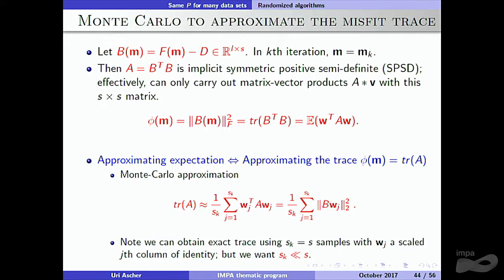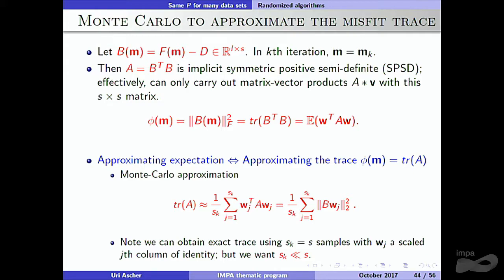You have to realize that if we actually form this matrix A, it's extremely expensive. Then you have solutions of A times Wj, and S is 4,000, let's say.